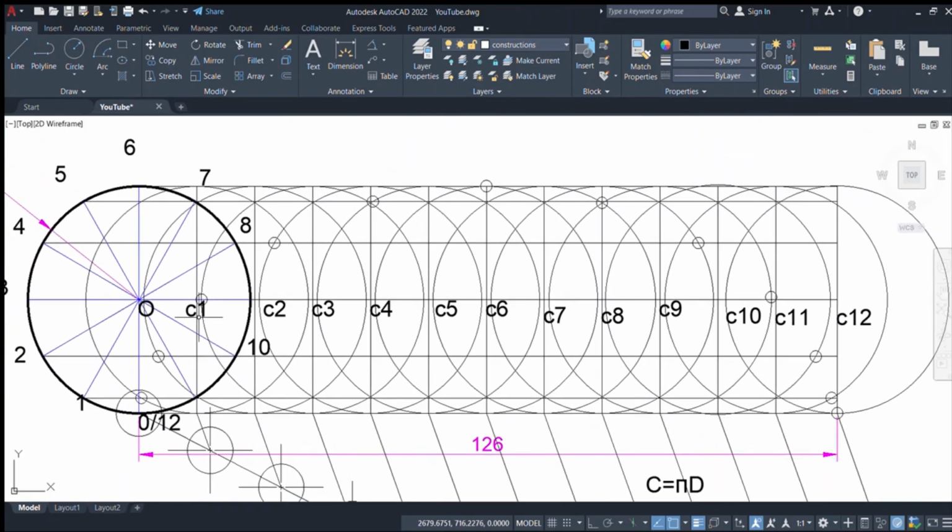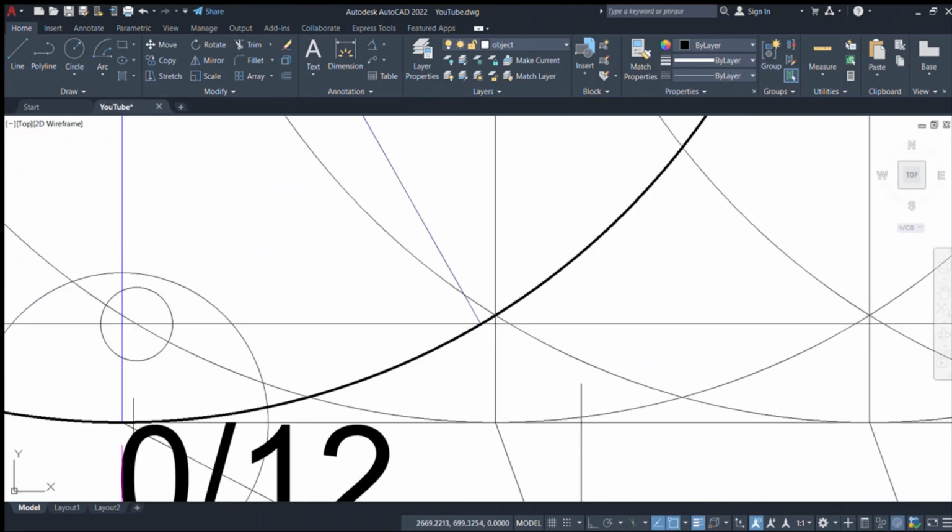The next step, now join all the points using a curve. You start from 0 here and join all the points using a curve.